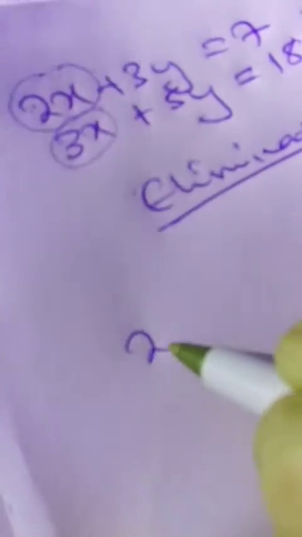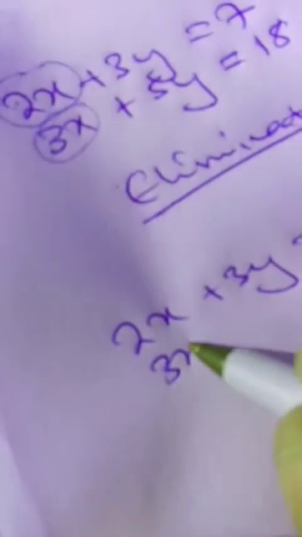So we are going to eliminate one number. In this case, let's eliminate x. How then to eliminate x? We must first make the coefficients similar. So it's 2x plus 3y is equal to 7, and 3x plus 5y is equal to 18.